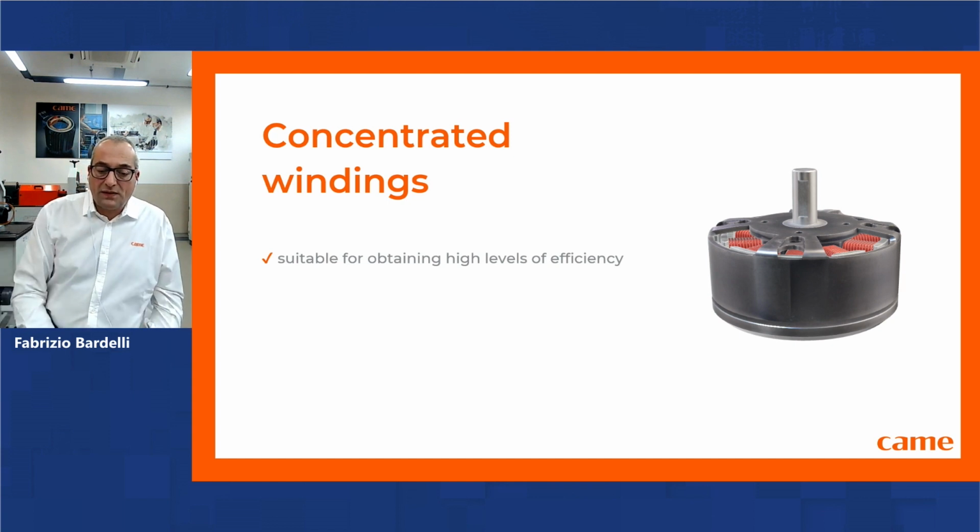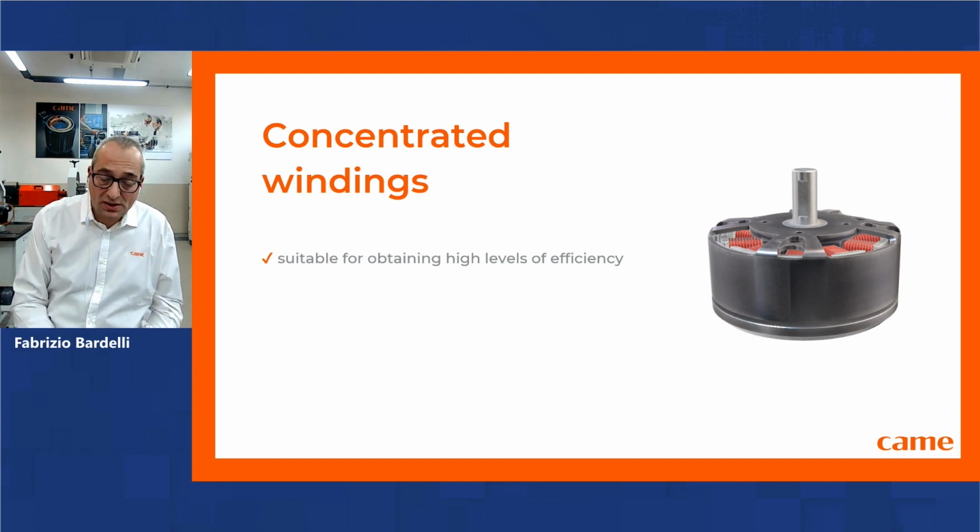The first topic is the efficiency level. The efficiency level that you can get with this solution is extremely high, and this is due to two aspects: the short pitch of the winding, and the use of PM rotors with a significant reduction of the losses.